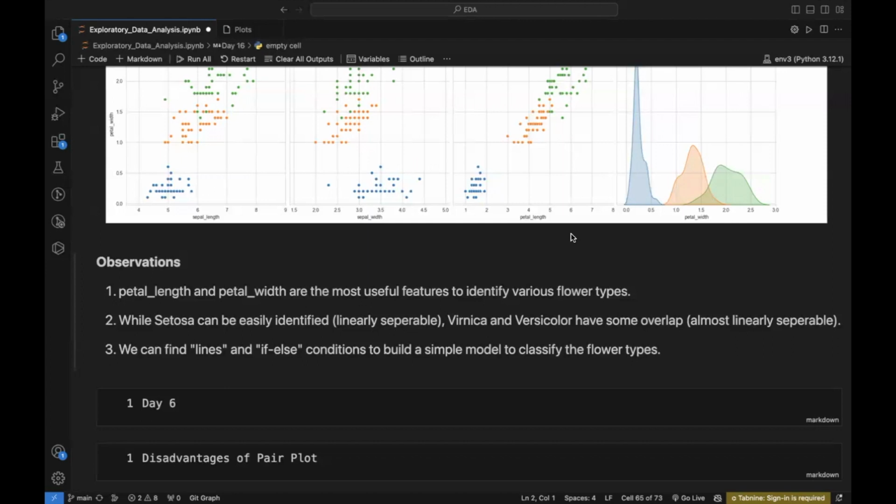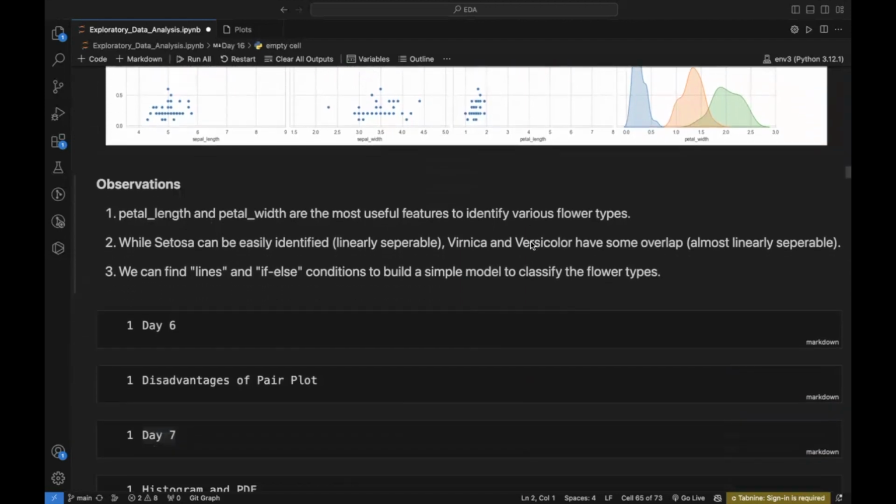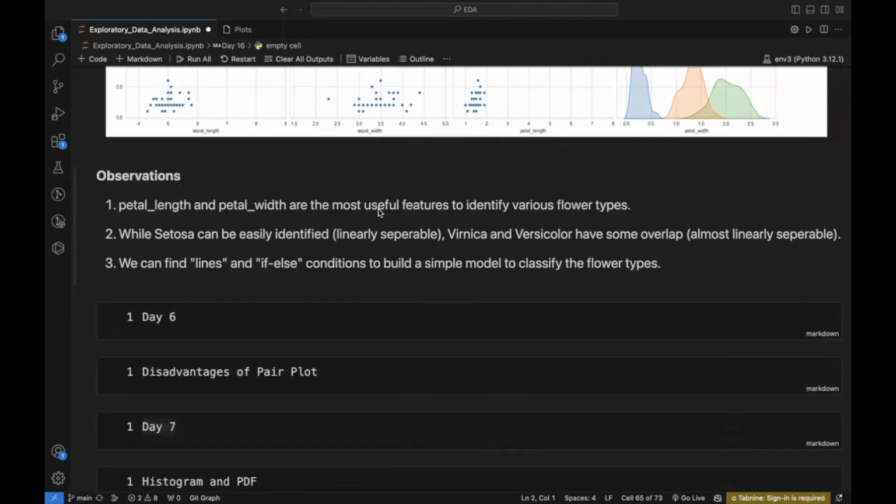So I want to double down on this. In general, whenever there is a conclusion that you have understood, please write it in simple words, with observations or conclusions just beneath the plot. Many people may not know what a pair plot is, but as soon as they read this, they know the conclusion that yes, petal length and petal width are important, and it's easy to separate setosa and not so easy to separate versicolor and virginica.